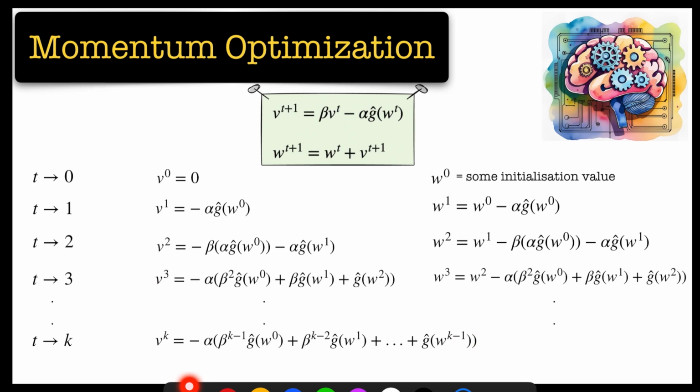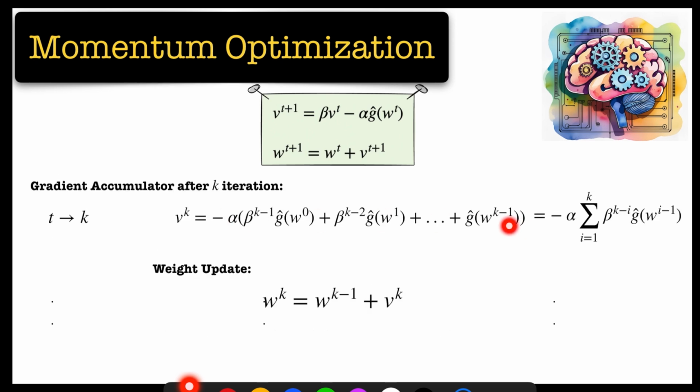So this was V3: minus alpha, beta square, that is 3 minus 1, then beta, then 1, and G hat W0, G hat W1, till G hat W2. Similarly for Vk we will get minus alpha times this whole thing, where we have beta power k minus 1, beta power k minus 2, till 1, and G hat W0, G hat W1, till G hat Wk minus 1. Don't get confused, we need this for our intuition.